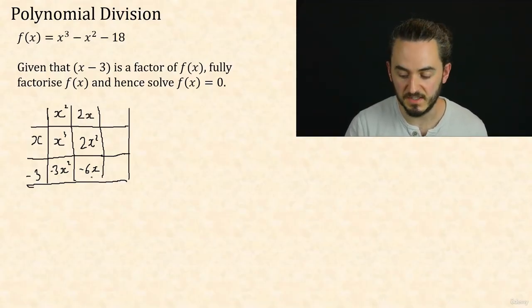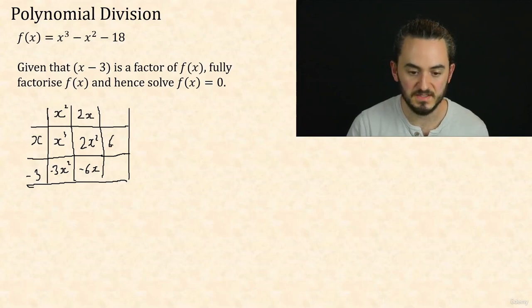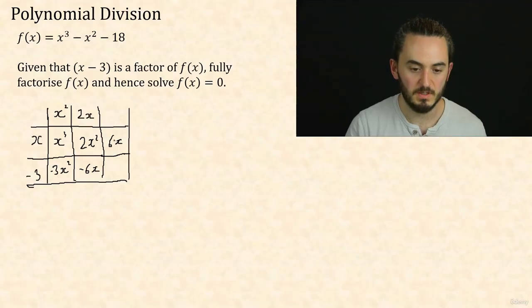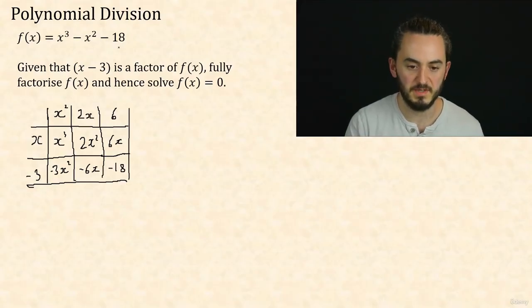So I've got a negative 6x here, so there better be a 6x here that cancels out with that. Okay, I can fill in this box now, because x times what is 6x? It's 6. And what goes in here? Well, 6 times negative 3 is negative 18. And that is what we wanted, because that's what's up here.